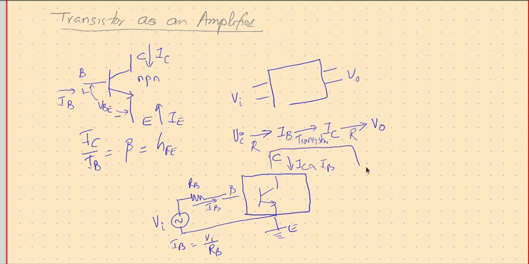And if this Ic is made to flow through another resistor Rc, then what we get is a voltage across Rc, which will be Ic times Rc, which is nothing but beta times Ib times Rc.